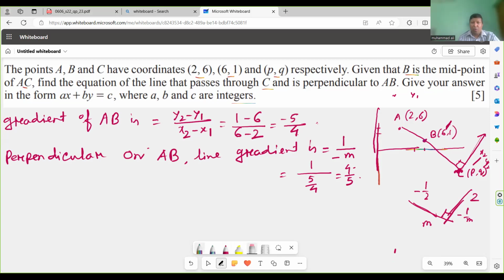So now what do we want to find? We want to find the line which passes through C, whose coordinates we found are (10, -4), and is perpendicular to AB.